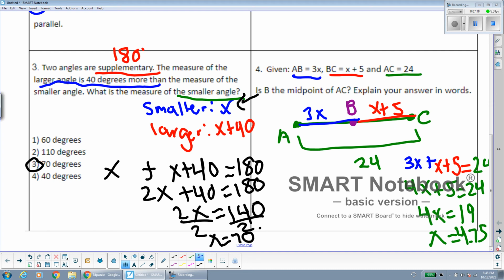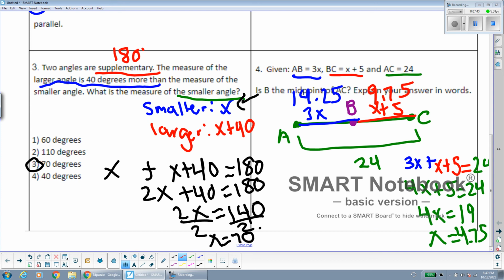So 3 times 4.75, when I put it into my calculator, I get 14.25. And now let me put x plus 5 into my calculator. 4.75 plus 5 is 9.75.